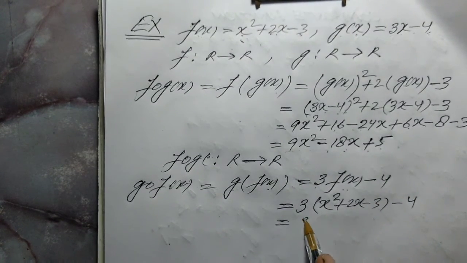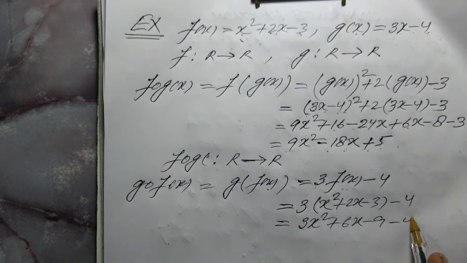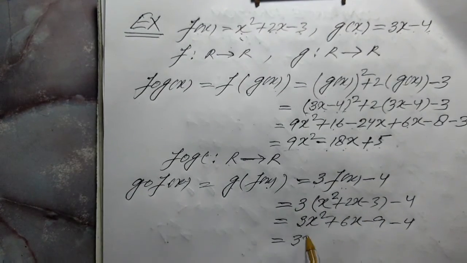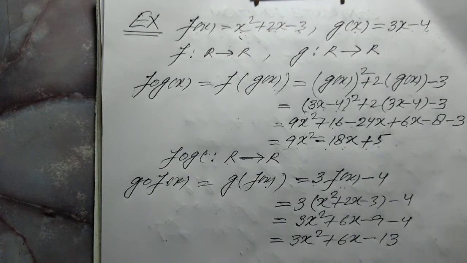Opening the bracket, we get 3x square plus 6x minus 9 minus 4. Ultimately we get 3x square plus 6x minus 13.